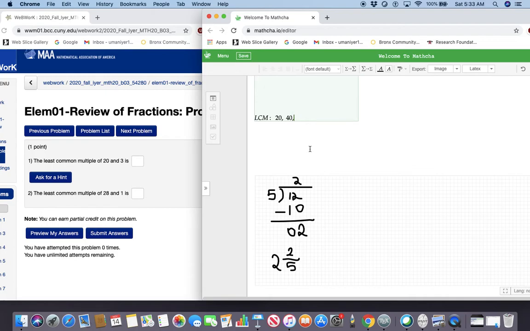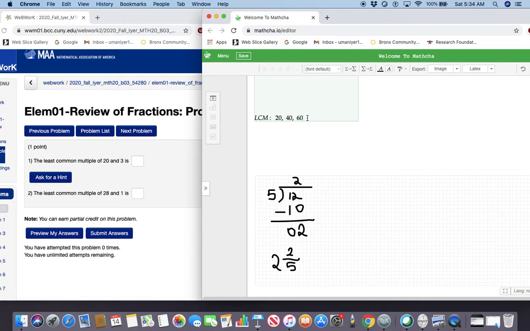No, because 3 times 10 is 30, 11 is 33, 12 is 36, 13 is 39, and then I jump up to 42. So 3 does not divide 40 evenly. So I add 20 again: 20 times 1 is 20, 20 times 2 is 40, 20 times 3 is 60. Now, does 20 divide 60? Yes.